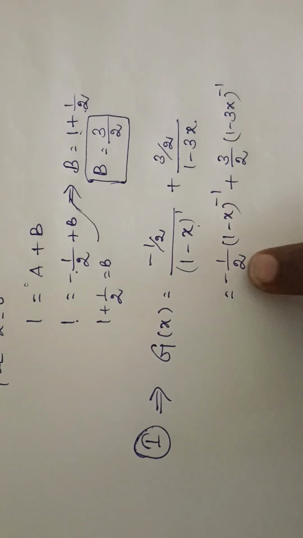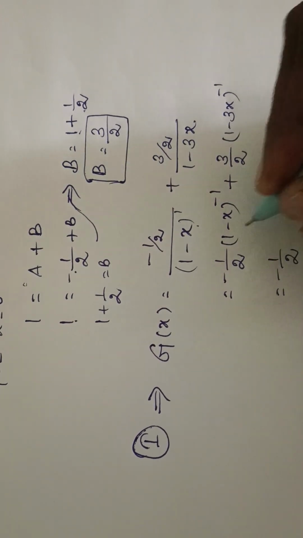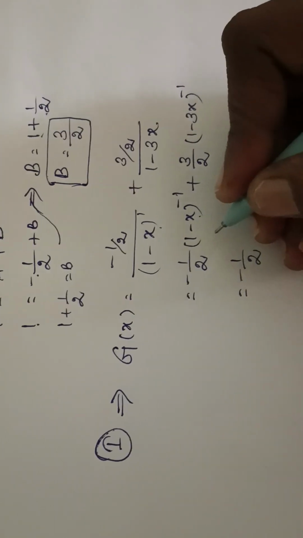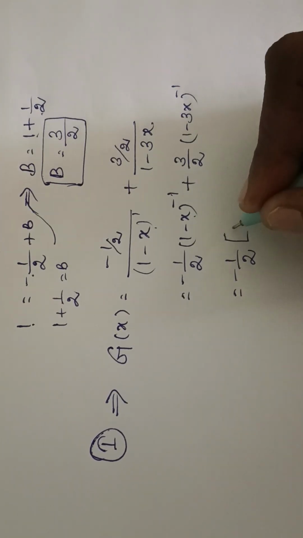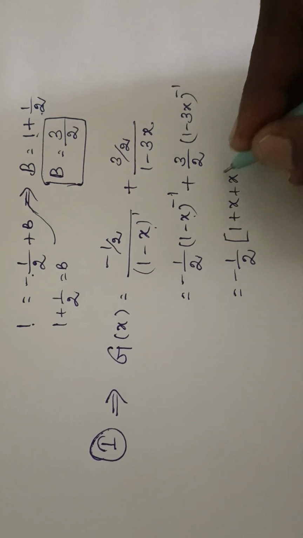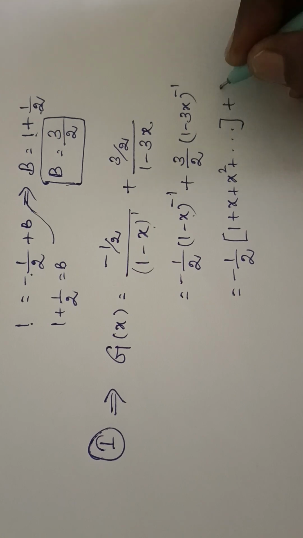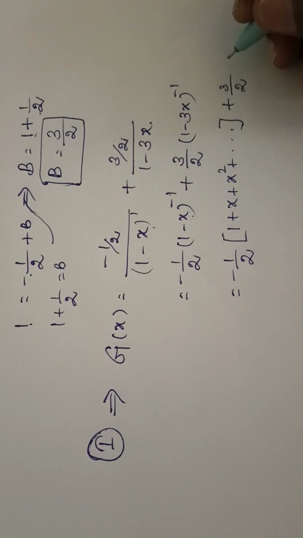So minus 1 by 2, this portion is it. Next, as I told, minus 1 by 2 into 1 minus x the whole power minus 1. What is the expansion of this? 1 plus x square plus etc.